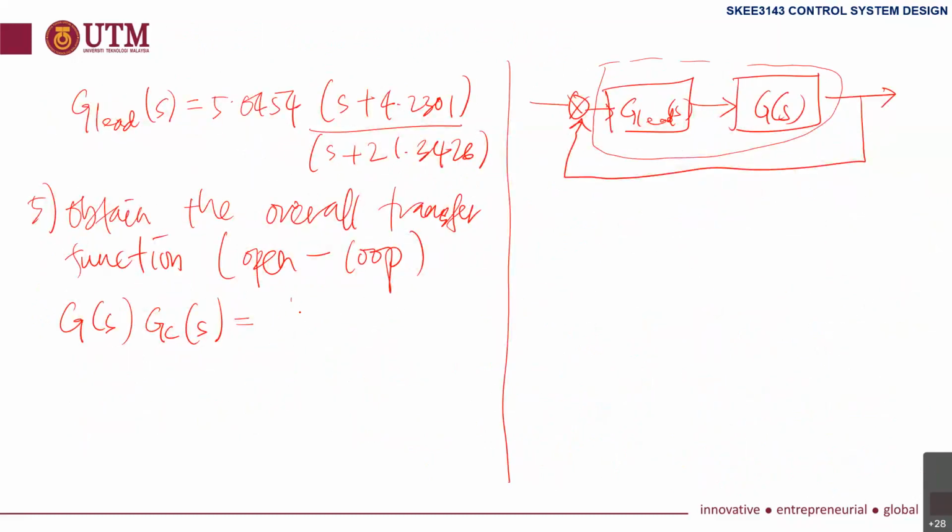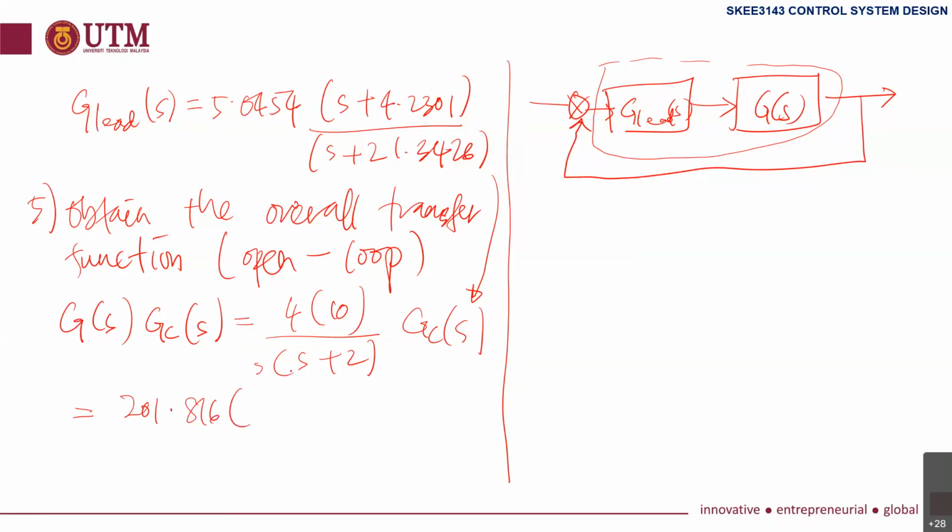So 40 over s(s plus 2), multiplied by G C.